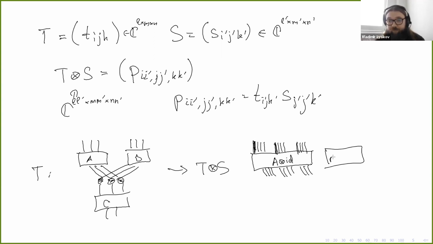The same would be for B. And when we combine these blocks of variables, we use this tensor S to work in the inner structure.